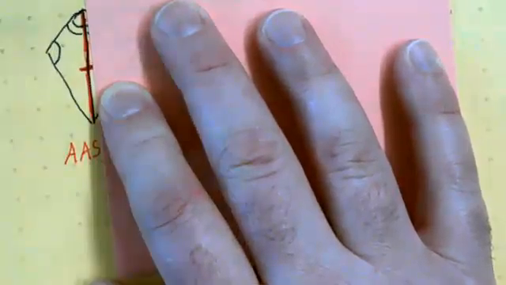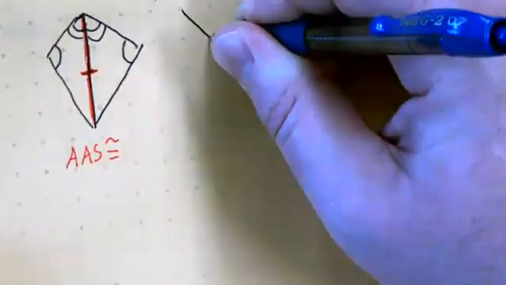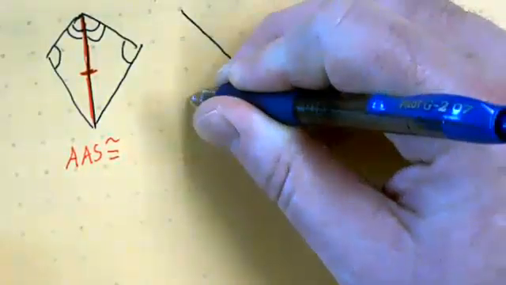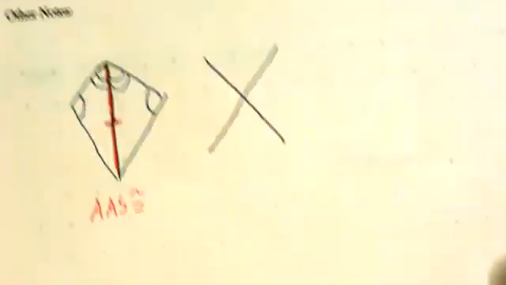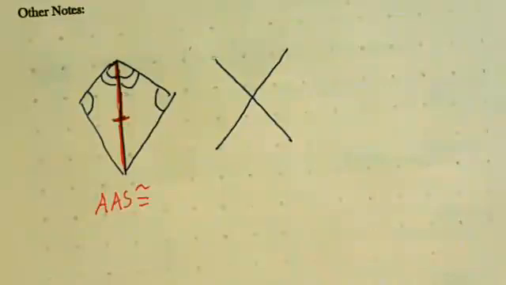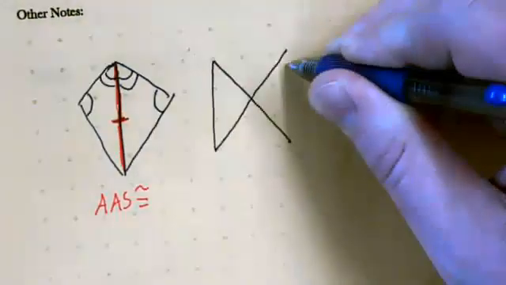You see that? All right, I'm gonna give you another one here. See how you guys do with this one. So this is kind of a complicated picture. Go ahead and draw me an X. And we're going to turn it into two triangles by connecting it on the sides here.